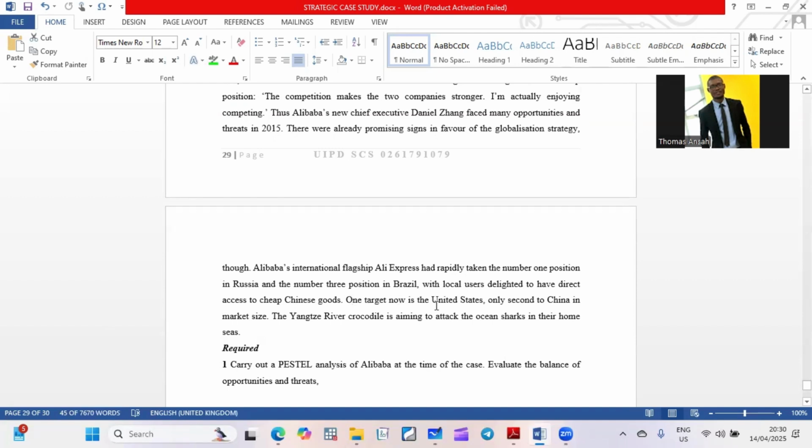One target now is the United States, second only to China in market size. The Yangtze River crocodile is aiming to attack the ocean shark in its home seas.